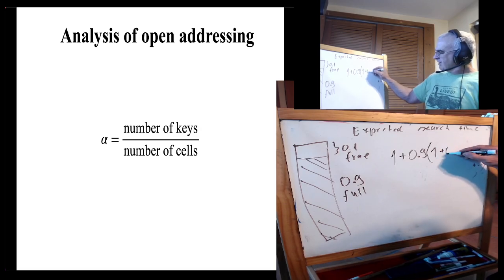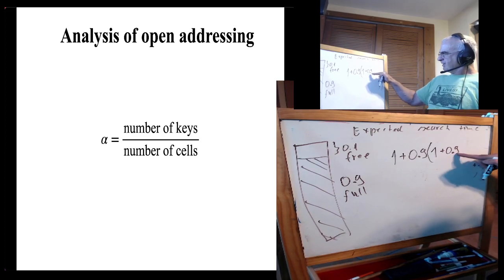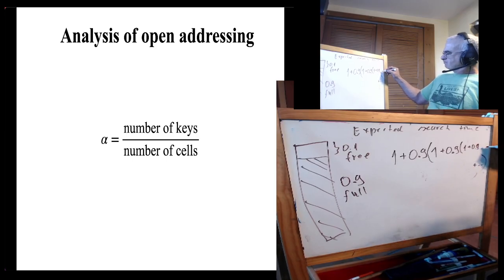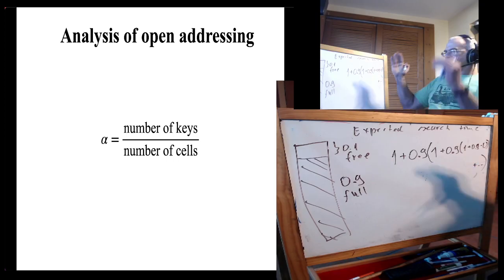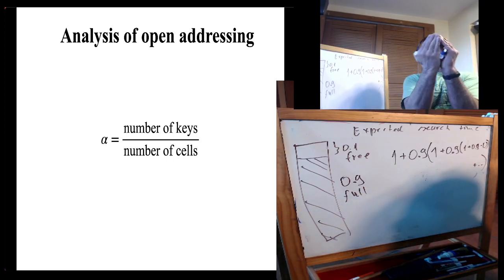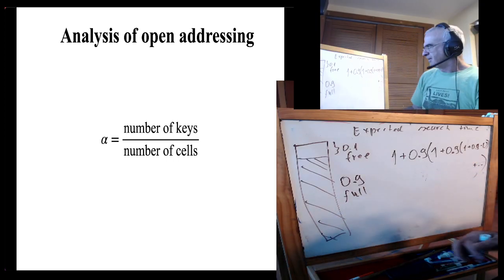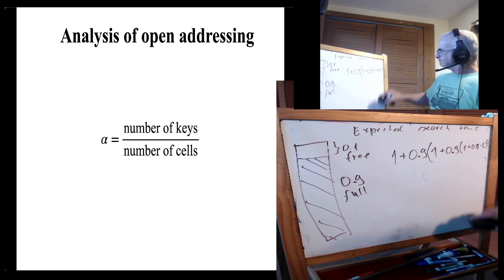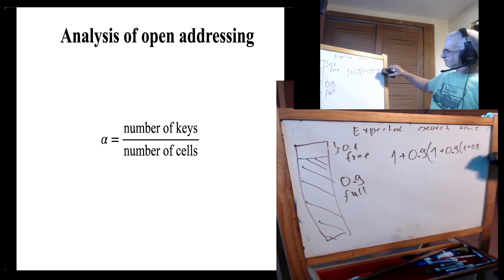There is a chance that I need to continue, and that chance would be 0.9 times 1 plus 0.9 times, and so on. This sequence of parentheses continues becoming more and more nested, but let's stop already at this part.